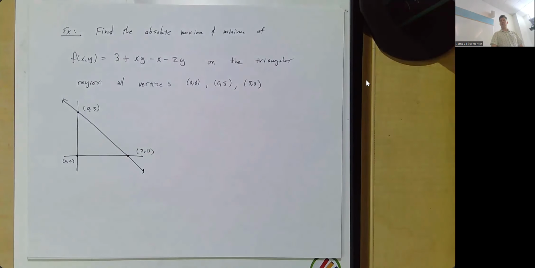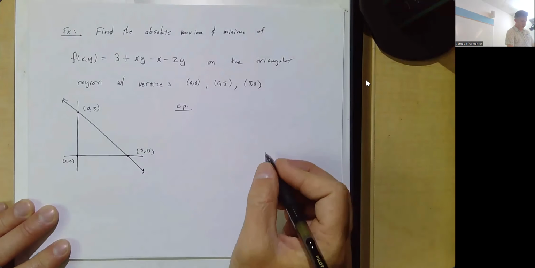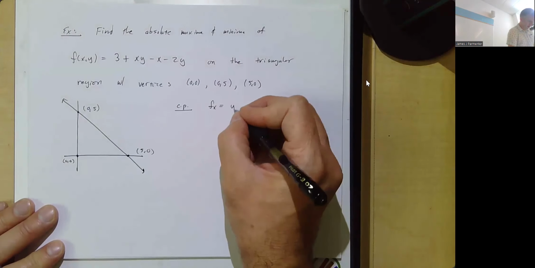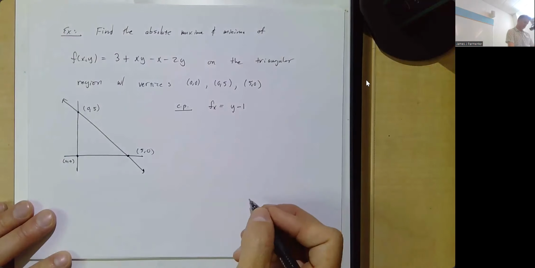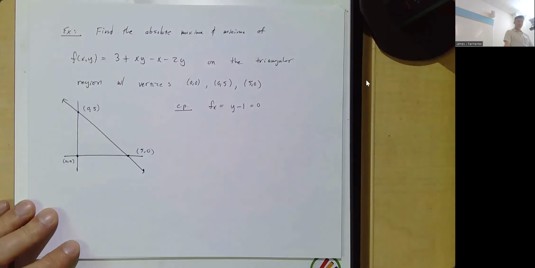Let's go ahead and find just regular critical points. Also, we already know 3 points we're going to have to check: 0, 0, 0, 5, and 5, 0. Right? Corners are always part of the equation. So critical points. Partial with respect to x is going to be y minus 1. Set that equal to 0. Easy to solve. You get y equal to 1.